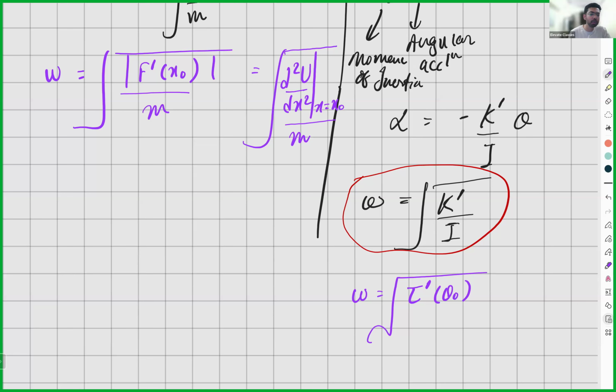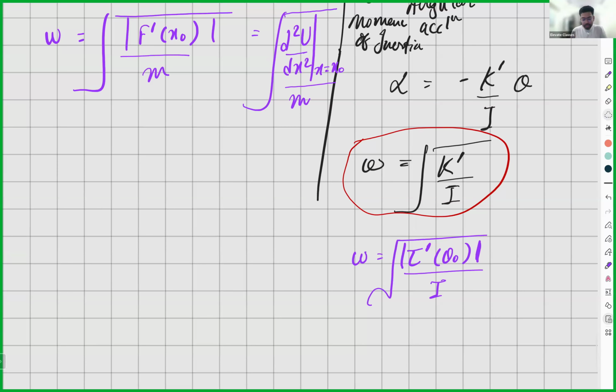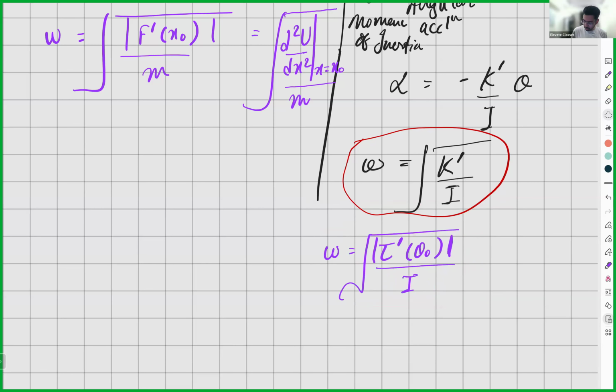Let us say theta equal to theta naught is the mean position; it might be 0 in some cases or not 0 also. We take the modulus of it and divide by the moment of inertia and not the mass. Everything you can try for a simple pendulum, whose moment of inertia will be m into L square.